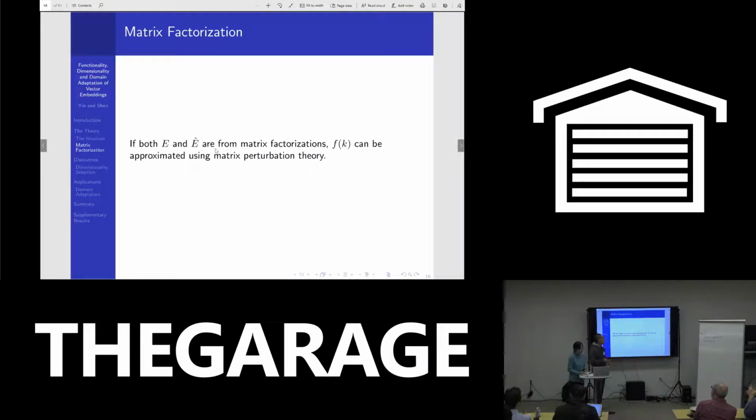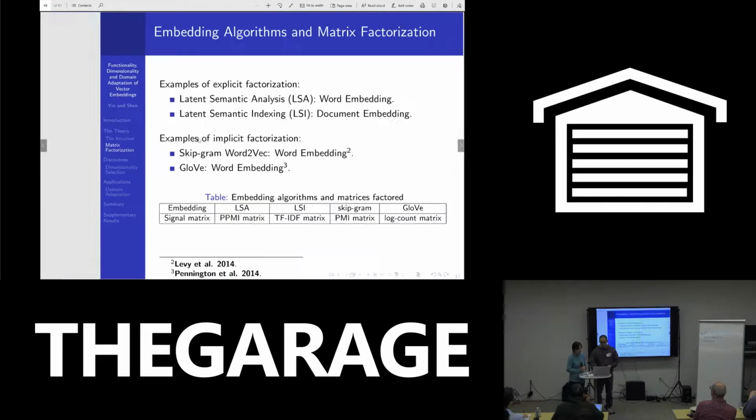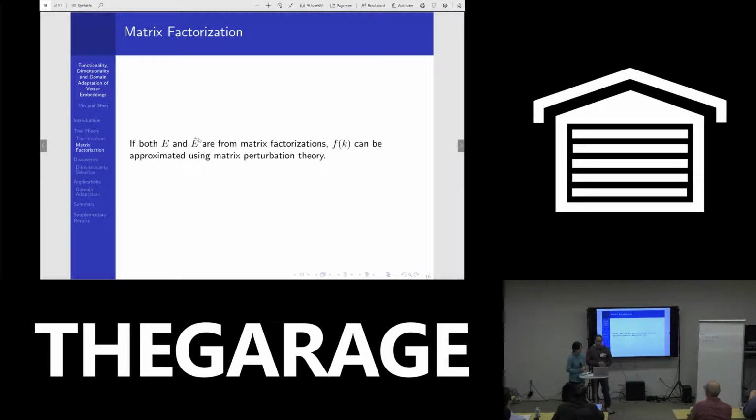Before going to the detail, let me first introduce what E and E hat are. People have discovered that many embedding algorithms are essentially doing matrix factorization.